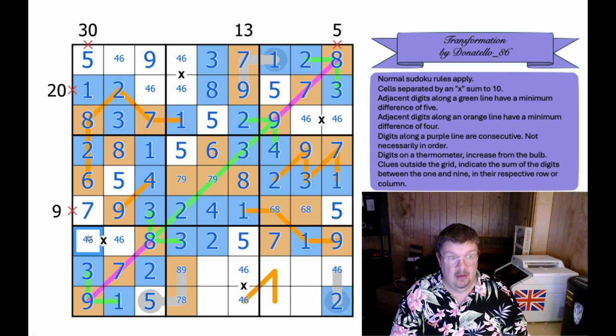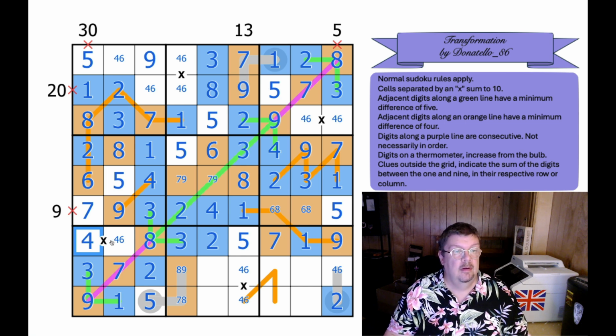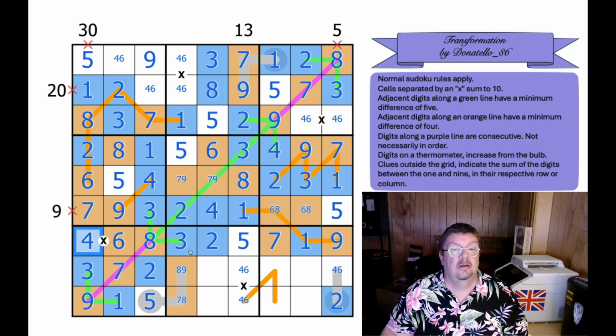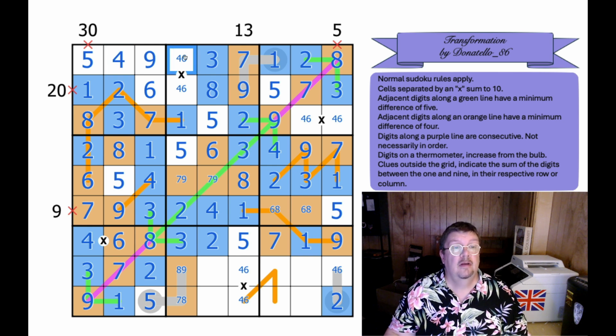That 6 makes that a 4. And that is 6. And those are high digits. That's a low digit. That 4 makes that 6, 4, and 6, and 4.